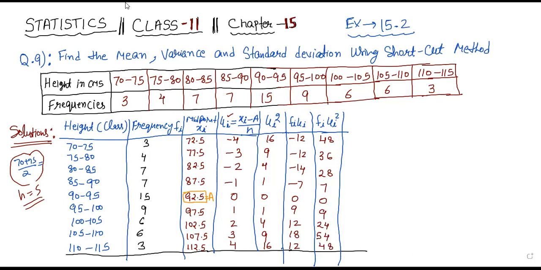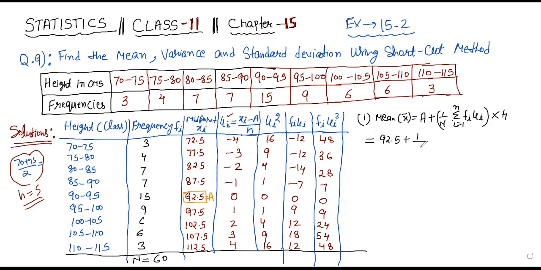As per the formula, first is the mean. What is mean by shortcut method? The formula is a plus 1 by n summation i equals 1 to n fi ui into h. Very important formula. Assumed mean is 92.5, and n is the sum of frequency, which is 60.